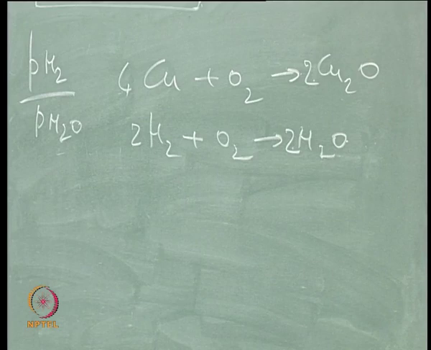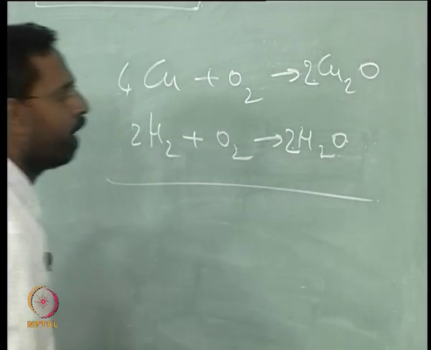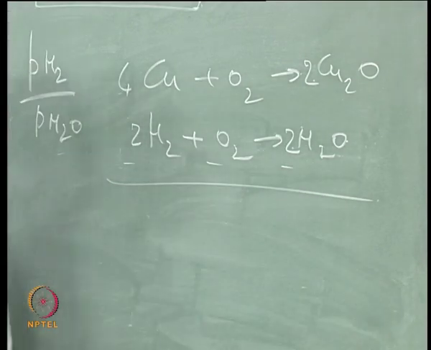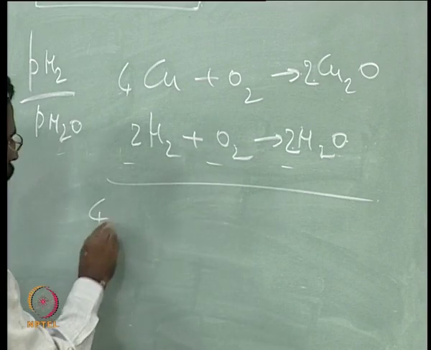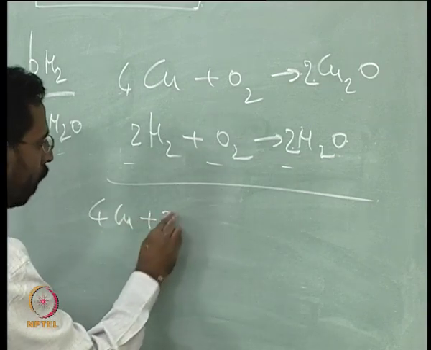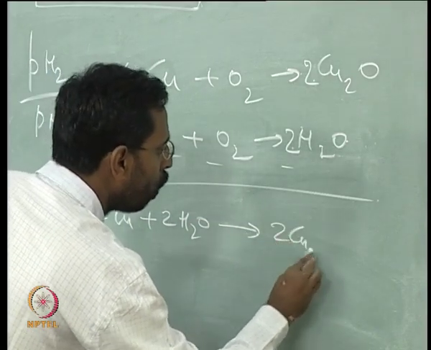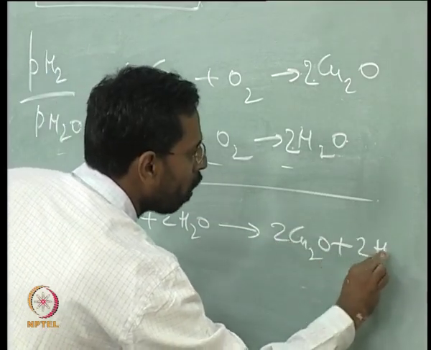Now look at a combination of these two reactions. If you subtract, you can say that 4 Cu plus 2 H2O will give you 2 Cu2O plus 2 H2.